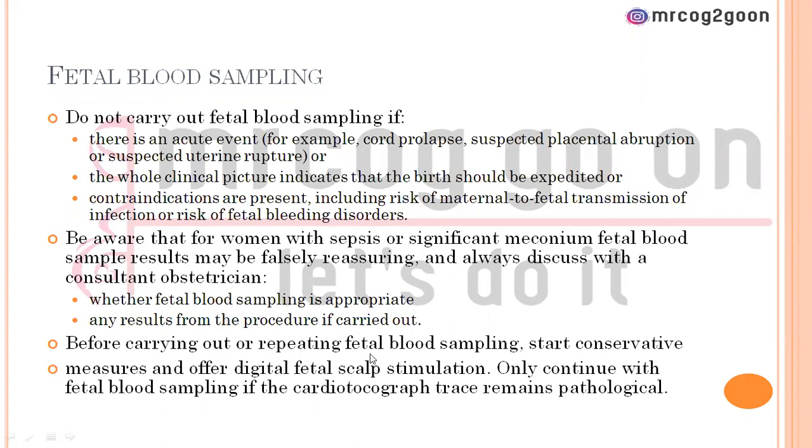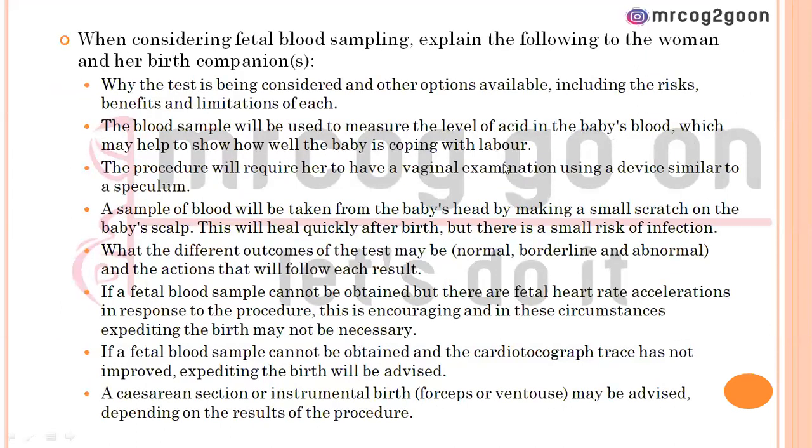Before carrying out or repeating fetal blood sample, start conservative measures and offer digital fetal scalp stimulation. Only continue with fetal blood sample if the CTG remains pathological, and we will also have a flow chart for it. When considering fetal blood sample, explain why the test is being carried out, and that the blood sample will be used to measure the level of acid in the blood.